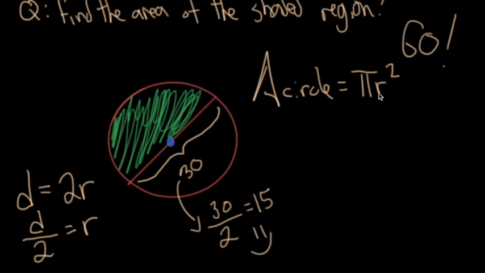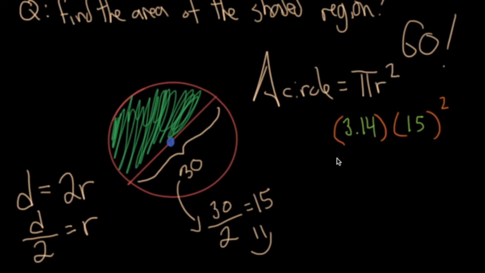That's exciting. So let's go and start plugging some stuff into our formula. I'm going to use 3.14. So I'm going to go and plug in 3.14. I've calculated what the radius is. That's 15. I'm going to use my handy dandy calculator that happens to be right beside me.